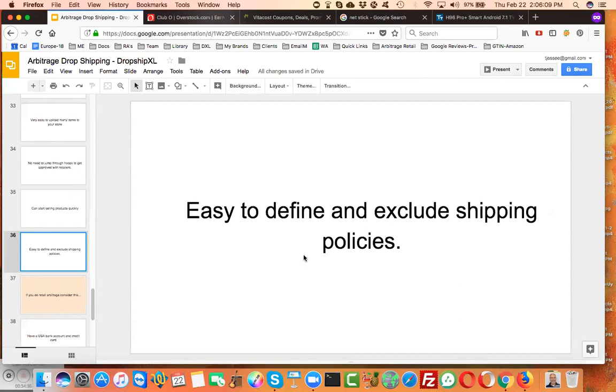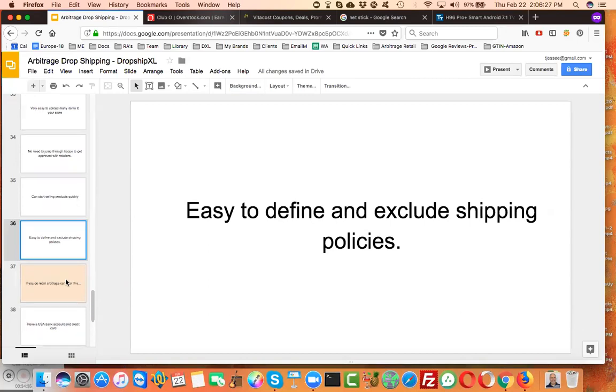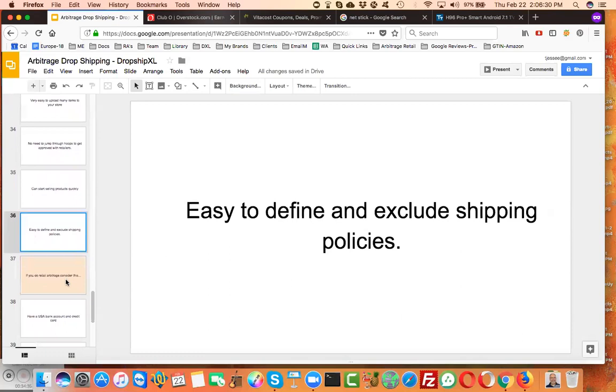Let's say I'm using a product from Overstock, so I will use that Overstock shipping policy. It's already created, and I just click a button and use it. I just create it once, and it's done. I know this one is from Overstock, this one from Walmart, no problem. Yeah, so that is nice.